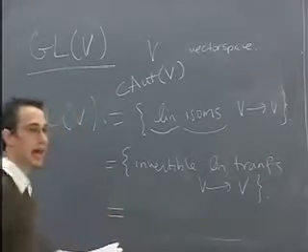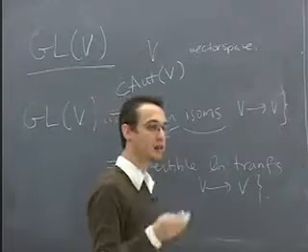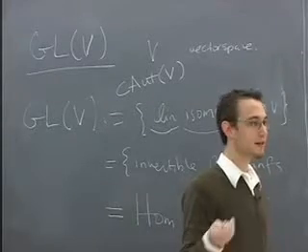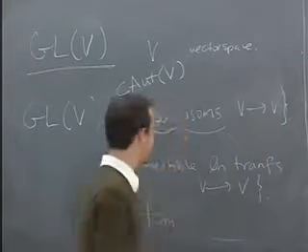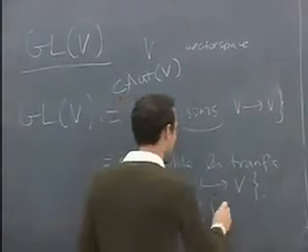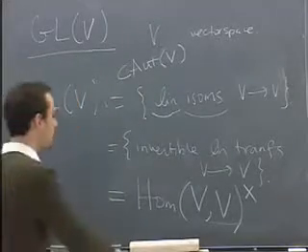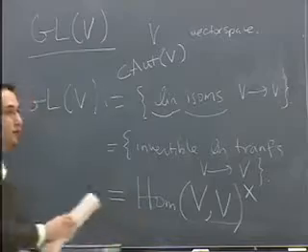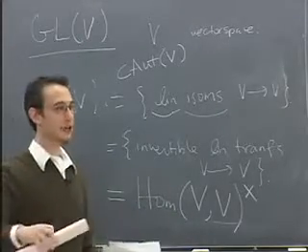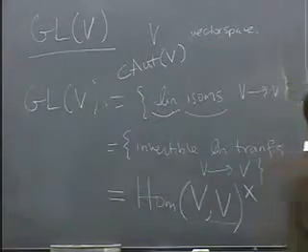Or, using a language that we've seen several times, what did we call the invertible elements of Z mod NZ? Exactly, Z mod NZ star. So it actually makes sense, given the notation we've introduced so far, to call this Hom V to V star. Now remember, the whole point of what we were just showing is that Hom V to V we can translate into a new language, the language of matrices, given a choice of basis.